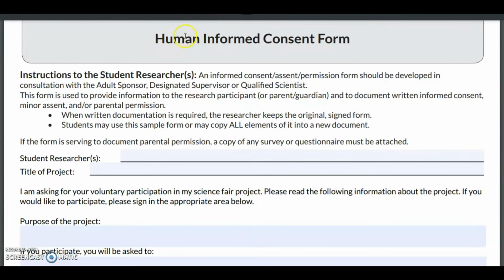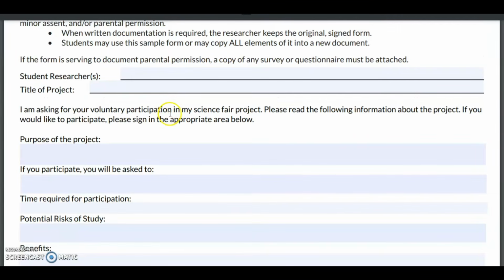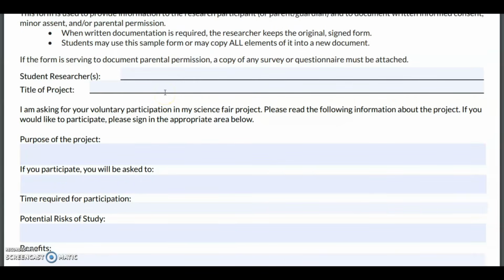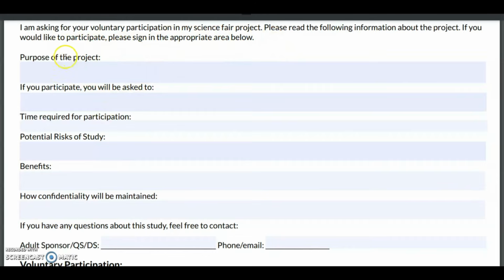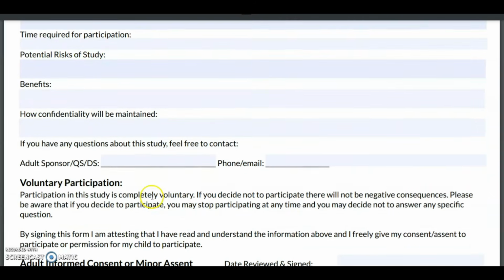Okay, informed consent provides participants with sufficiently detailed information on the study so that they can make an informed, voluntary, and rational decision to participate. So, ayan. So, makikita natin that the purpose of the project is written here, and then if you participate, you will be asked to, okay, also the potential risks of the study, the benefits, and how confidentiality will be maintained.